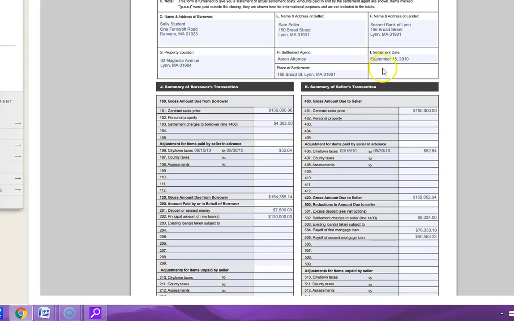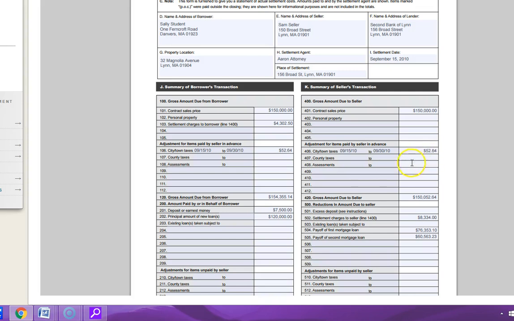Okay. So in this case, we closed on September 15th. So the August bill was already paid. So it covered the months of July, August, and September through September 30th. But the seller is selling on September 15th, so he needs to be reimbursed from the 15th through the 30th.